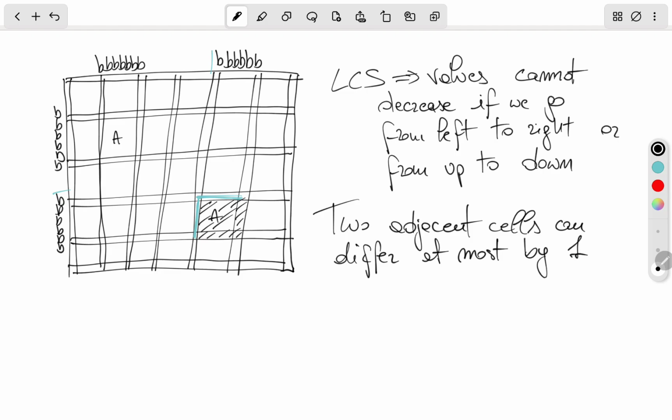Okay? So they are the same, or the one on the right is one more than the one on the left, and the same for up and down. Why do I care about these properties? We might have one case.